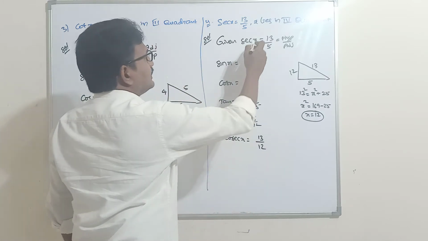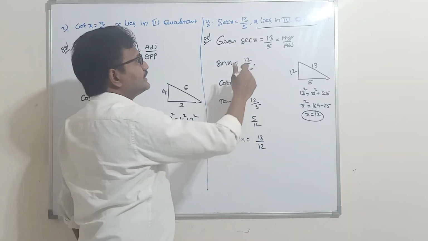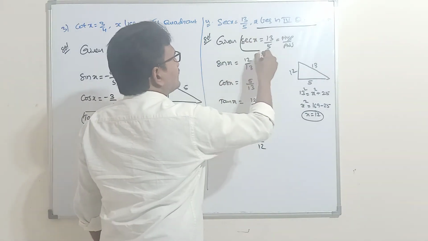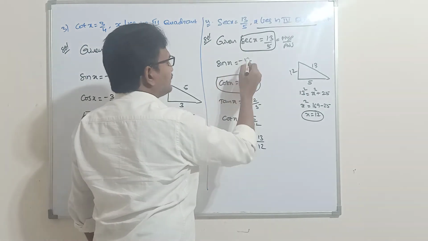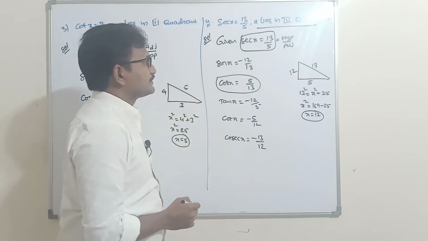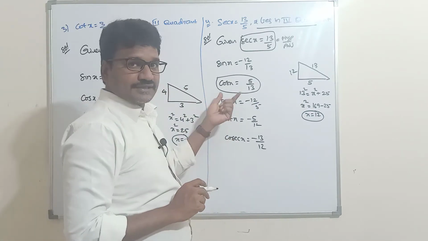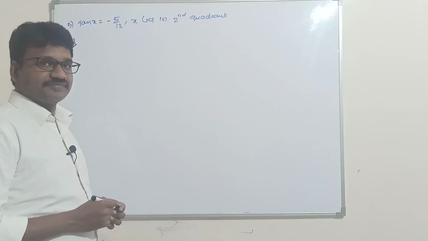So here x lies in the fourth quadrant. In the fourth quadrant, cos and secant are positive. Secant is positive as well as cos is positive. So remaining all trigonometric functions are negative. So these are the values of the remaining trigonometric functions.